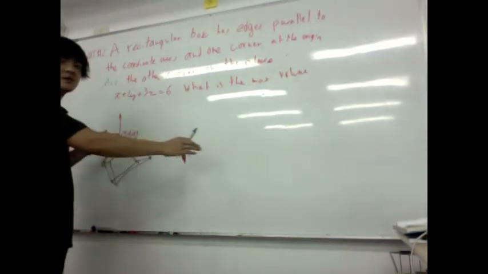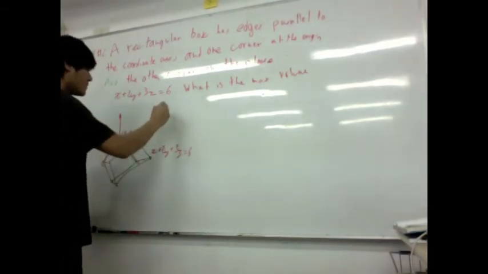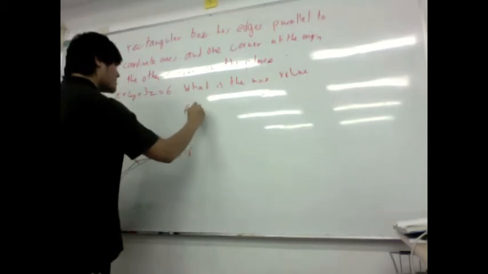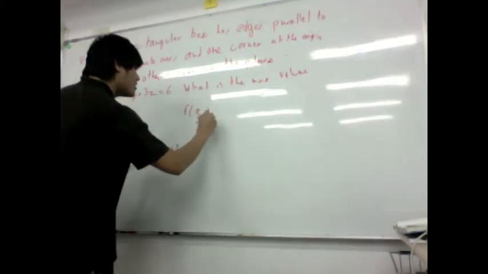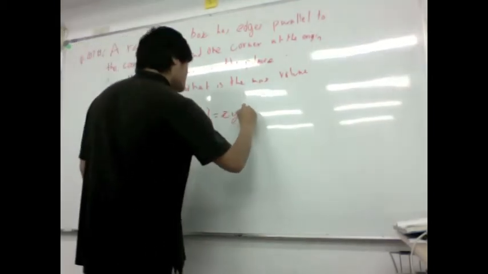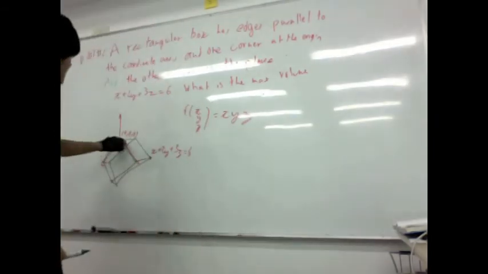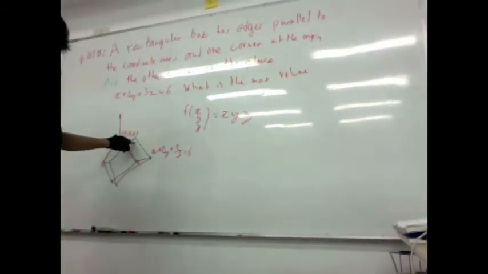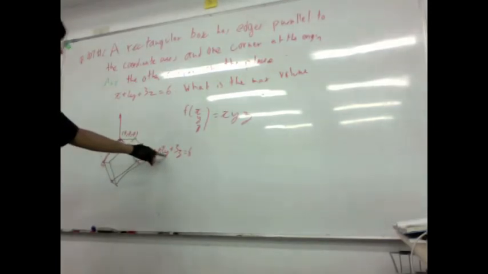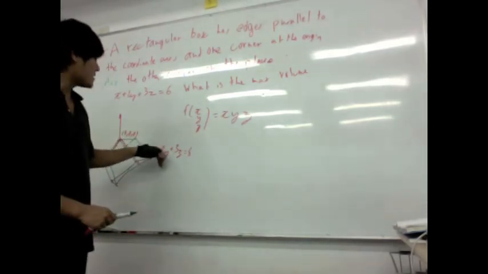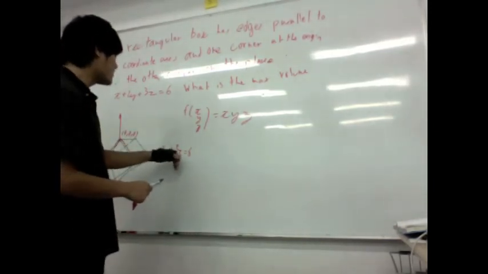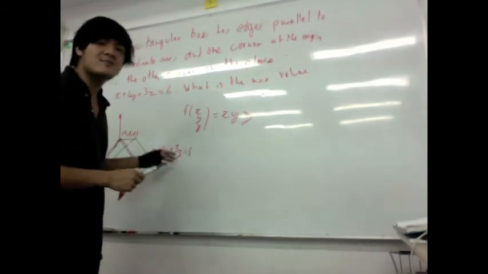So it's just enough to find the maximum value on the hyperplane. The function we should optimize is f of x, y, z, right? Volume is equal to x times y times z. But this x, the distance from here to here, is going to be determined by x plus 2y plus 3z equals 6. So what should x be?